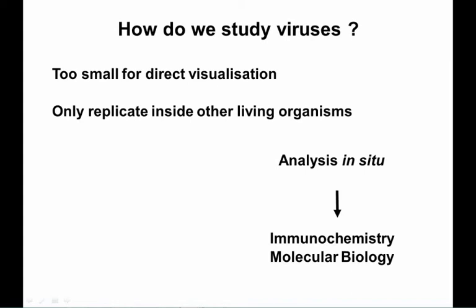You infect the cell. Then what you do is a kind of time course experiment. Take samples at different times, and you want to look at the number of copies of this DNA. And you'll also want to look at the number of copies of each of these RNAs for each of these genes.